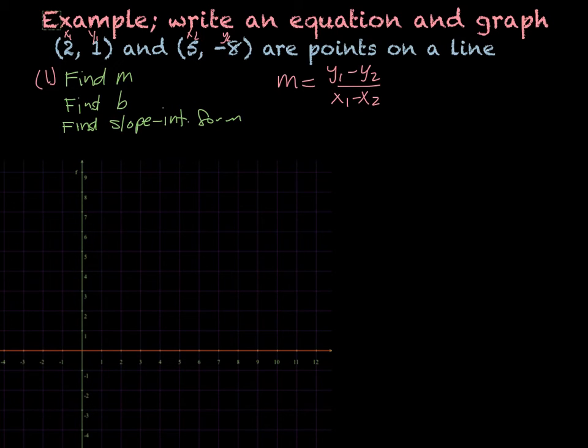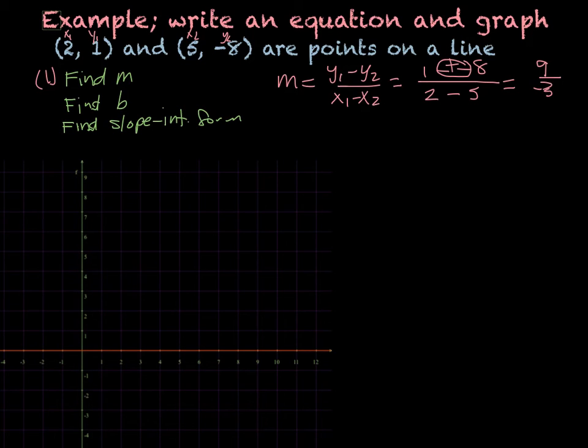I put in what I know: my y1 is 1 minus my y2, which is negative 8, divided by my x1, which is 2, minus my x2, which is 5. That gives me 1 minus a negative changes to plus 8, which is 9, over 2 minus 5, which is negative 3.